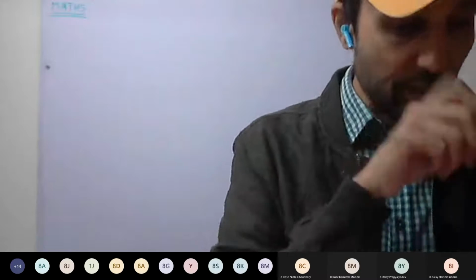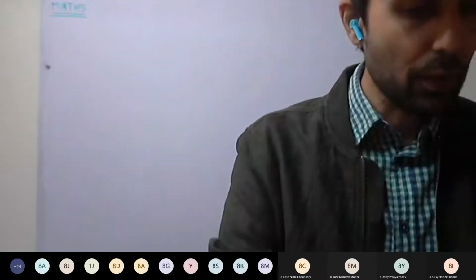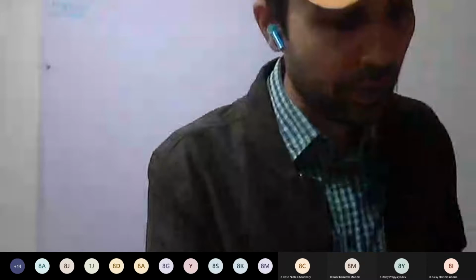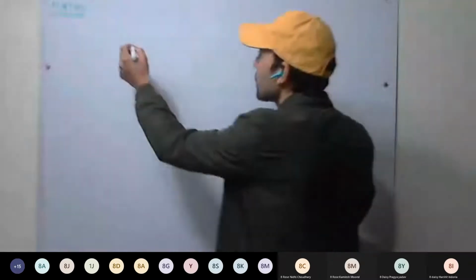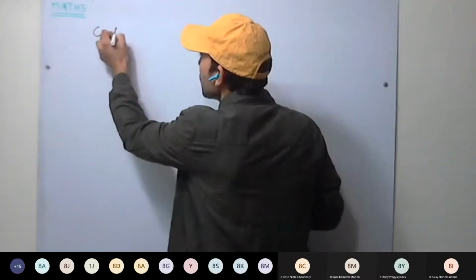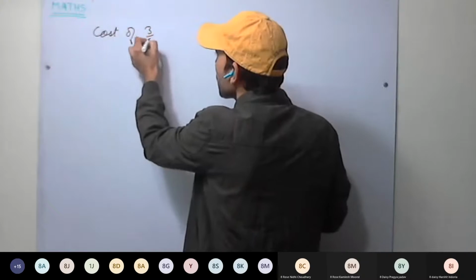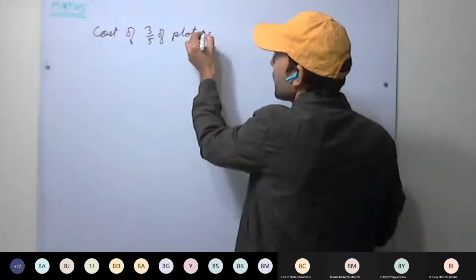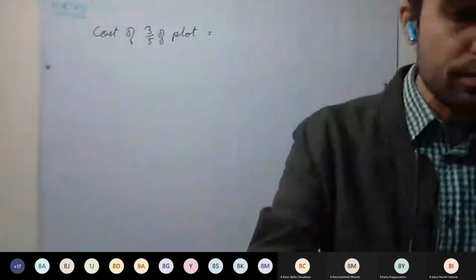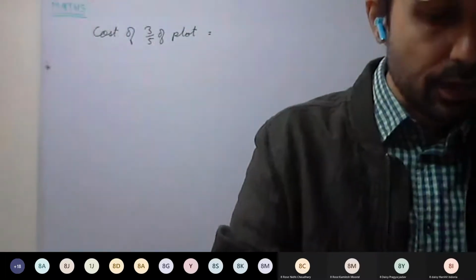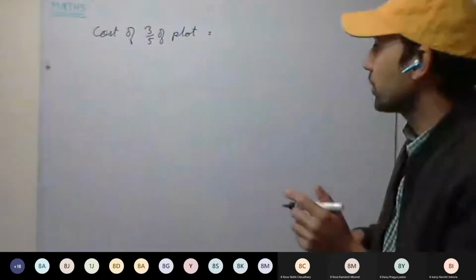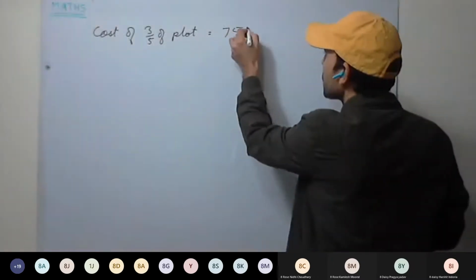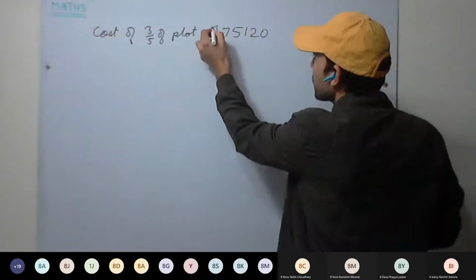Okay. Now third one. If 3/5 of a plot of land cost this one. So cost of 3/5 of the plot is how much? It is 75,120 rupees.